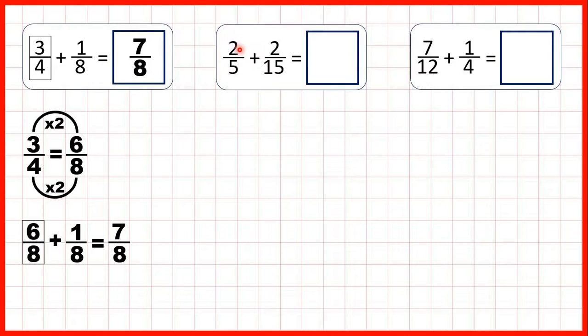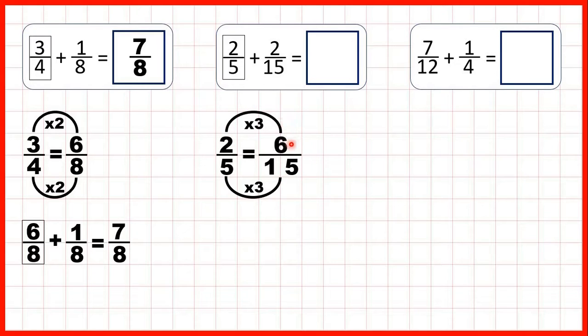Now we have 2/5 plus 2/15. Now 15 is in the 5 times table, so to add these fractions, we need to find a fraction equivalent to 2/5, which has a denominator of 15. 5 times 3 is 15, and 2 times 3 is 6.